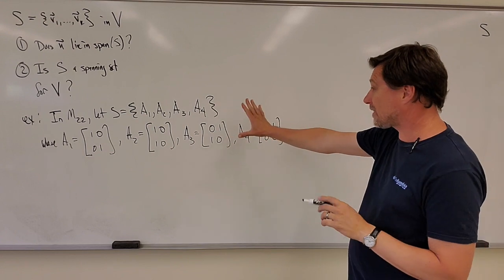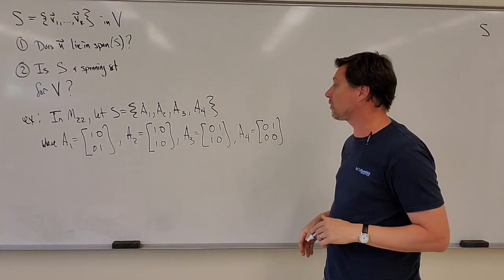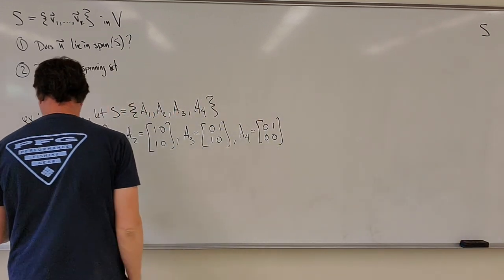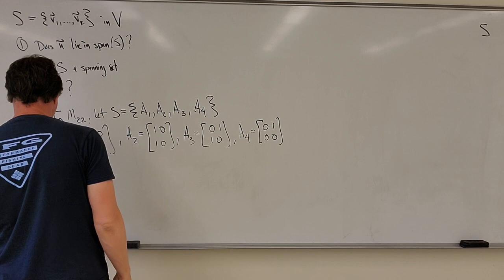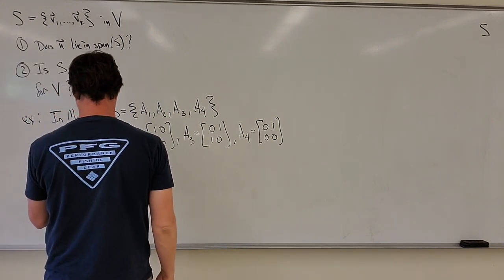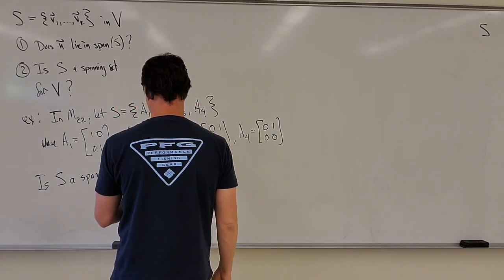Okay, so here's our setup. We've got our vector space M22, we've got our set S consisting of these 4 matrices, and then our question is, is S a spanning set for M22?